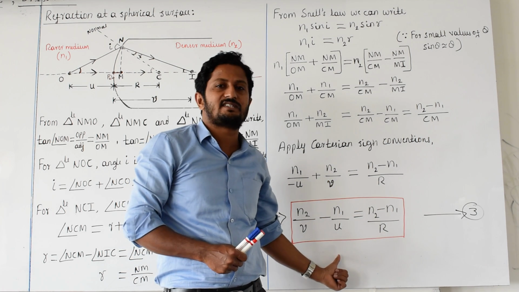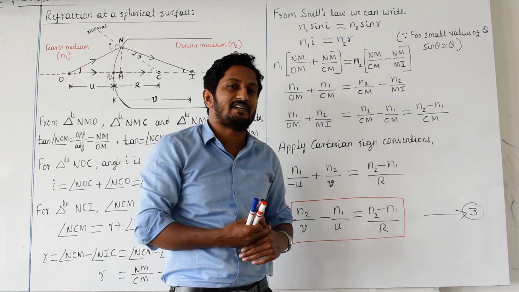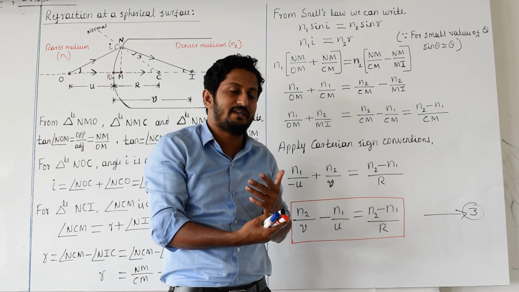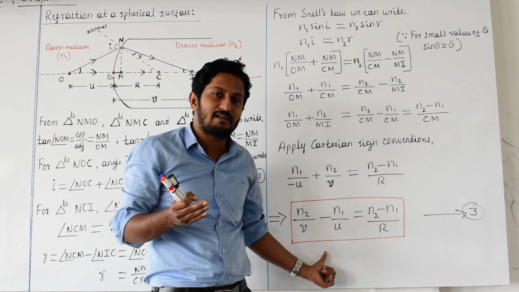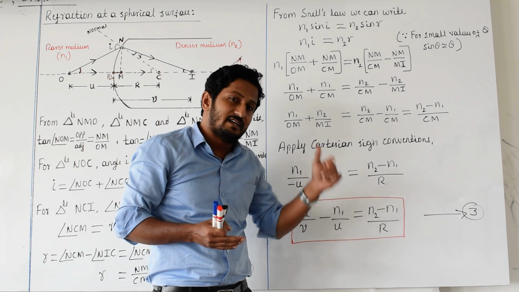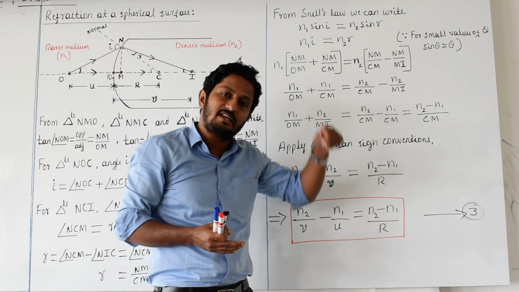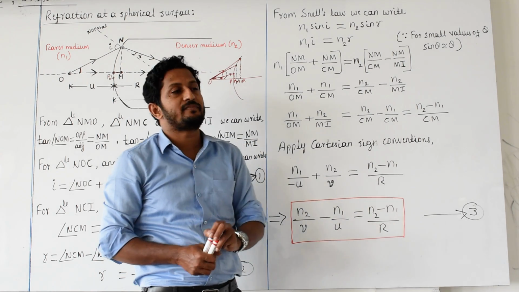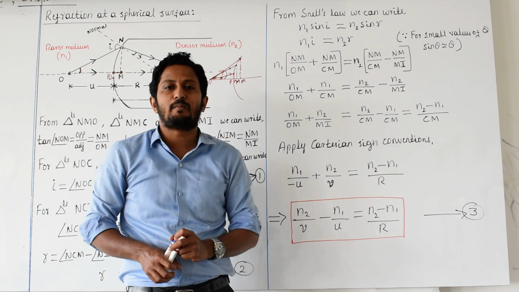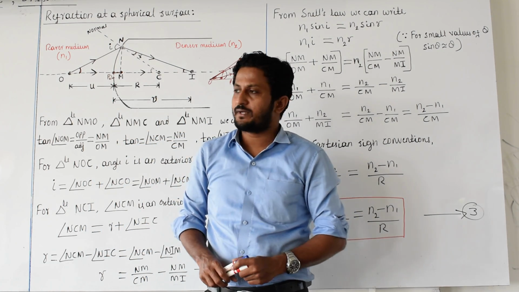Even one more, which I said, the reverse analysis. I mean this one, when the object is kept in the rarer medium and the image is got in the denser. And one more reverse analysis, object in denser, image in rarer medium. Anyhow, this is very important. Go with this derivation. Okay.